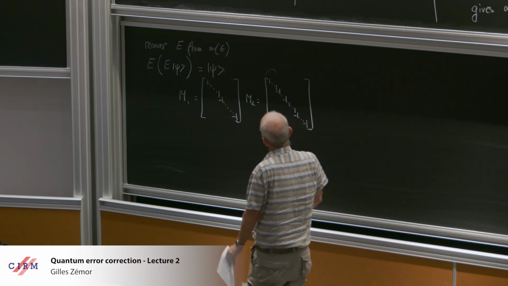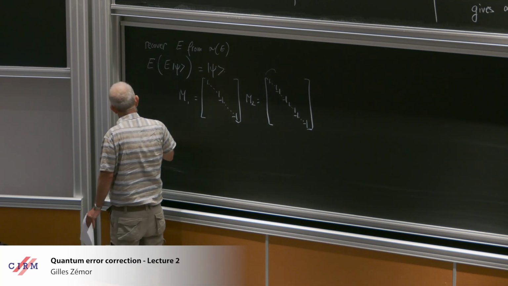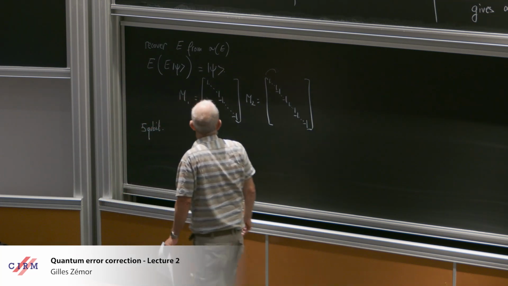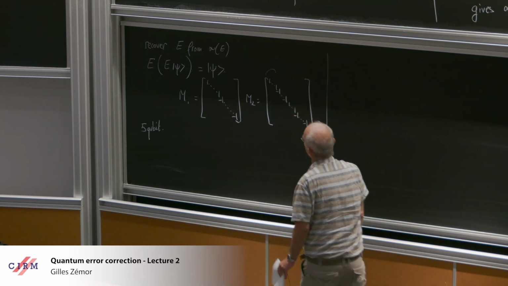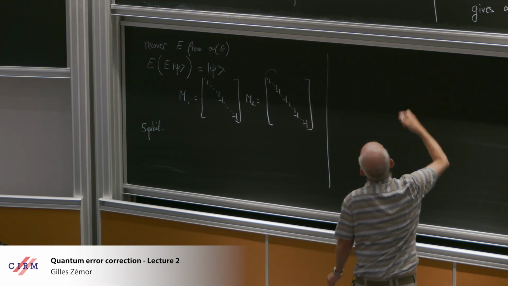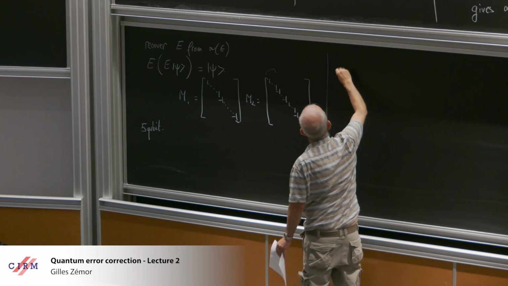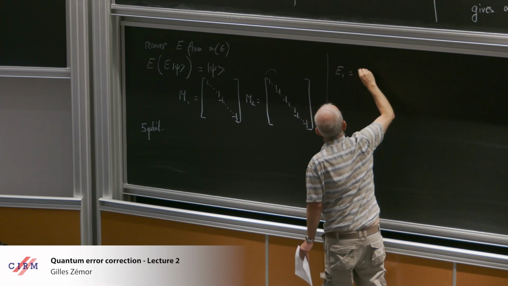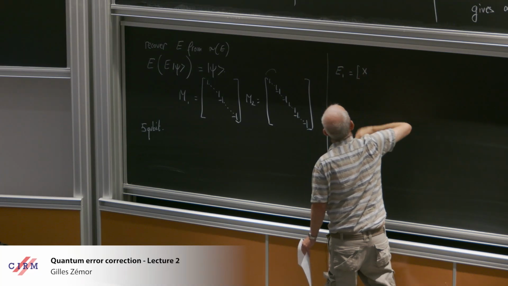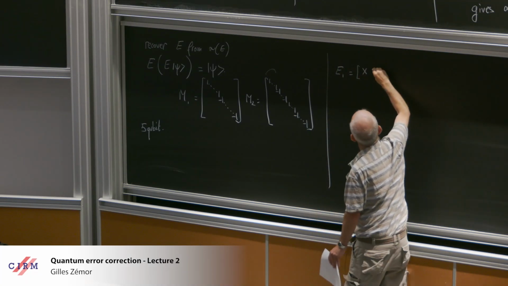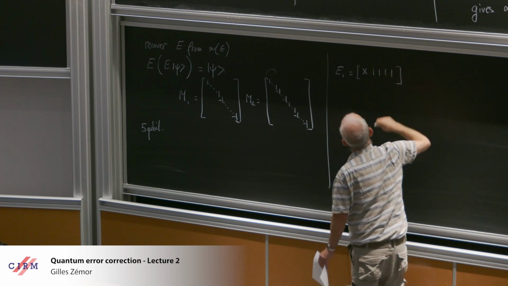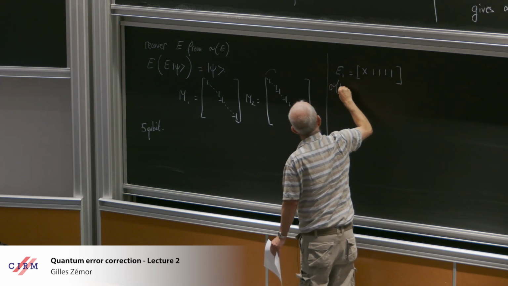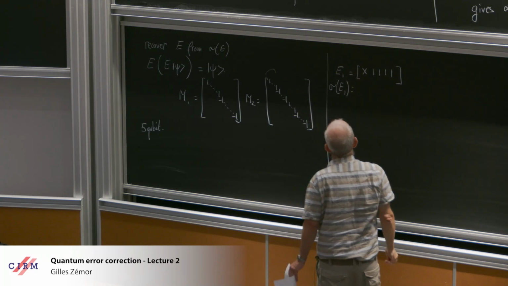So going back to the example of the 5-qubit code, we can compute a couple of syndrome examples. For example, consider the error pattern E1, which would be X on the first qubit and identities on the other qubits. So what is the syndrome of E1?